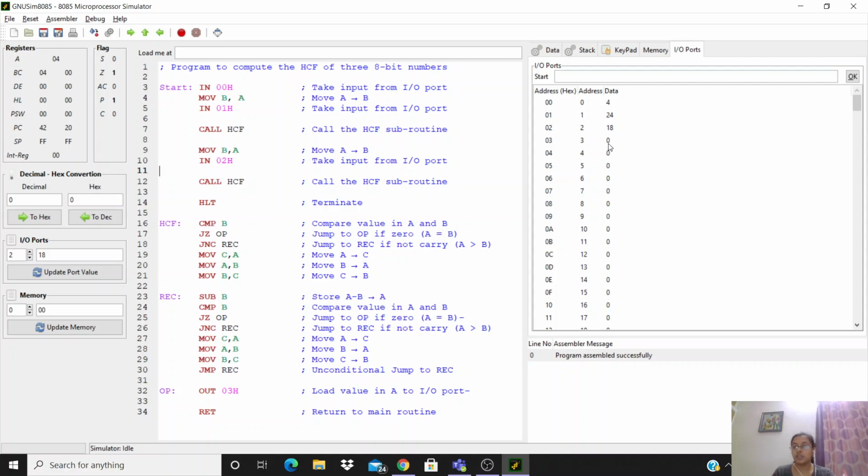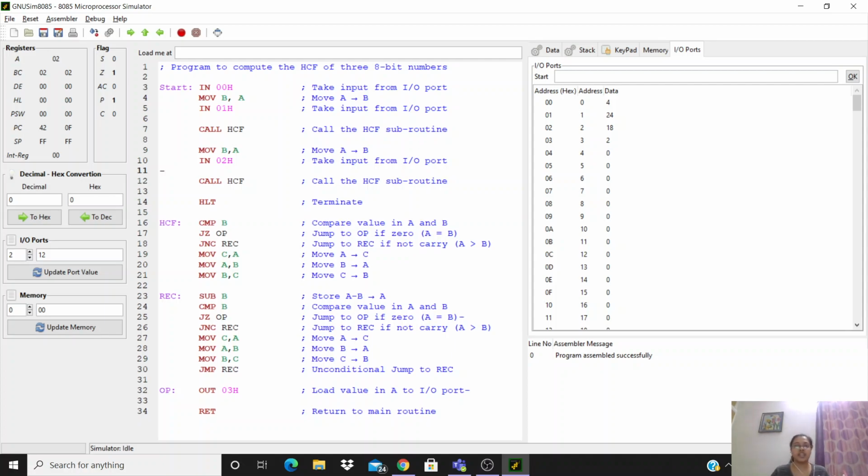And the numbers that we will be using in this example are 4, 24, and 18. The output of all these HCF should be in the 0, 3 IO port. So after running this code, we'll get the answer as 2, which is the HCF of 4, 24, and 18, because the highest common factor of all these numbers is 2.